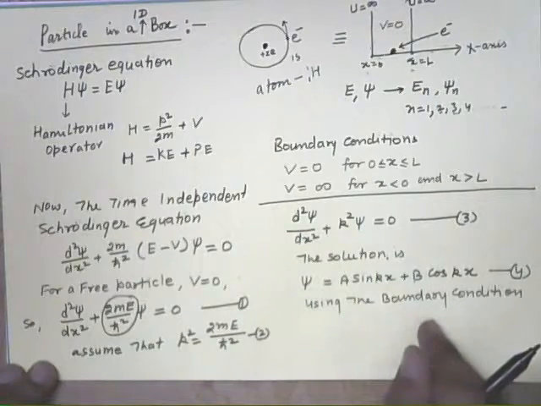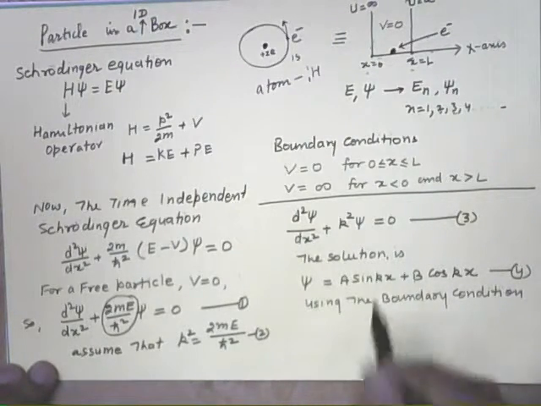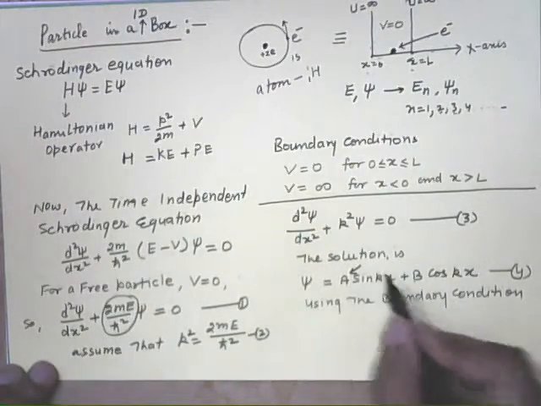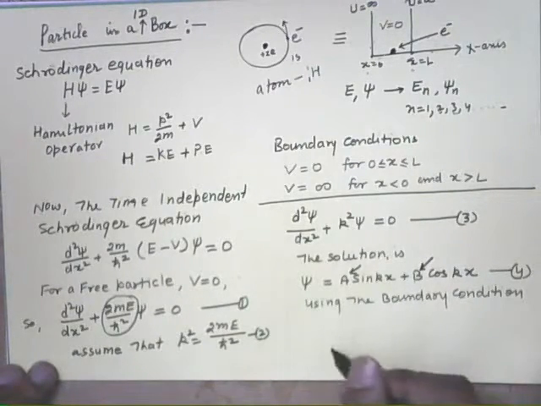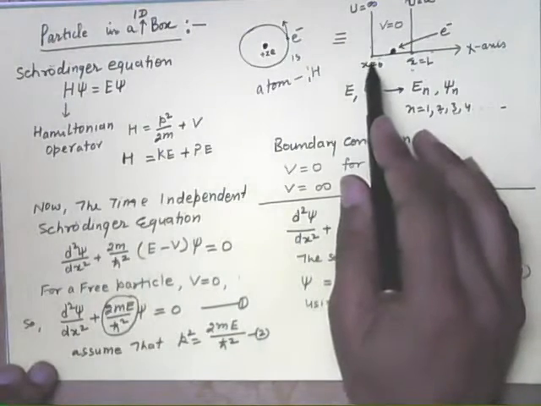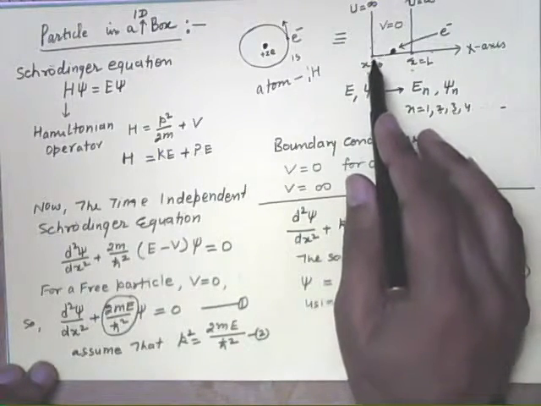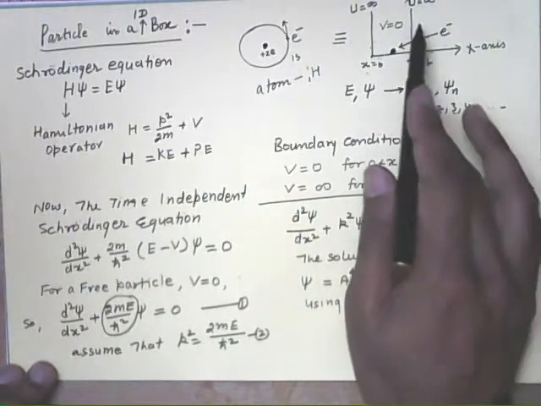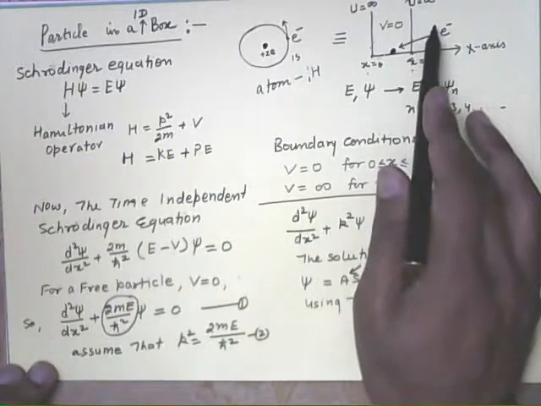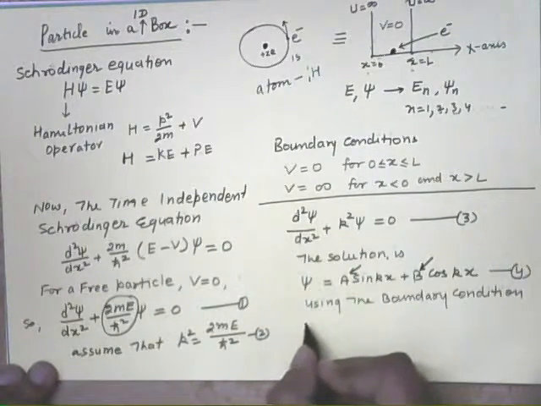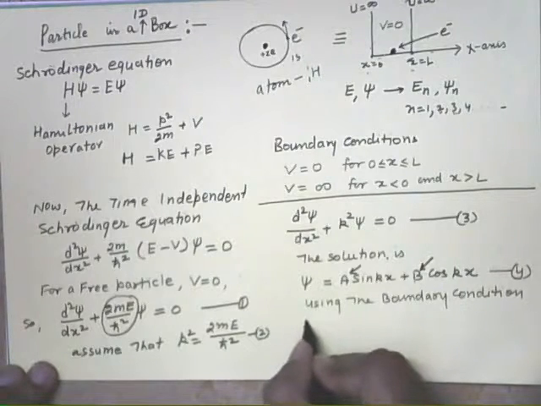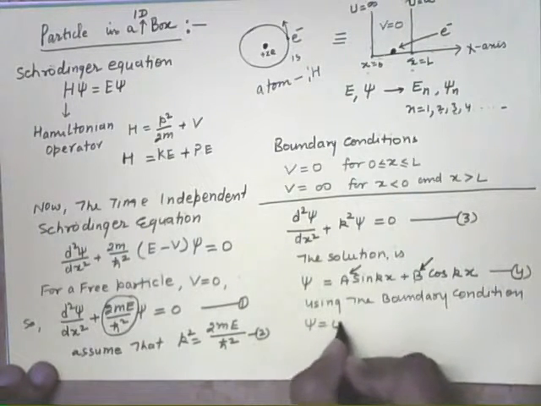We are using it just to find the values of the constants A and B, and we know that beyond x = 0 and x = L, the probability of finding the particle is 0.